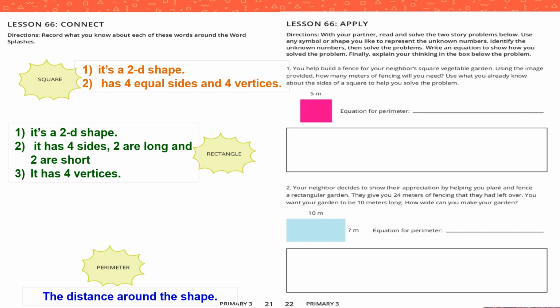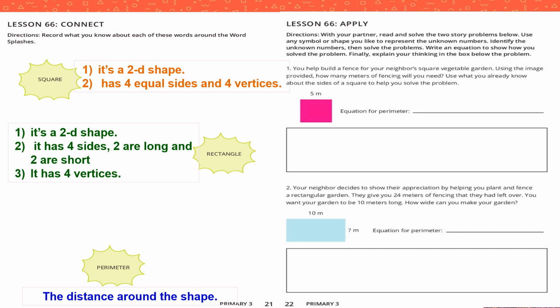How many meters of fencing will you need? Use what you already know about sides of a square. Here, I know that all sides of a square are equal. And I want to know the fence. Fence means perimeter. The perimeter of a square equals what? Side plus side plus side plus side.